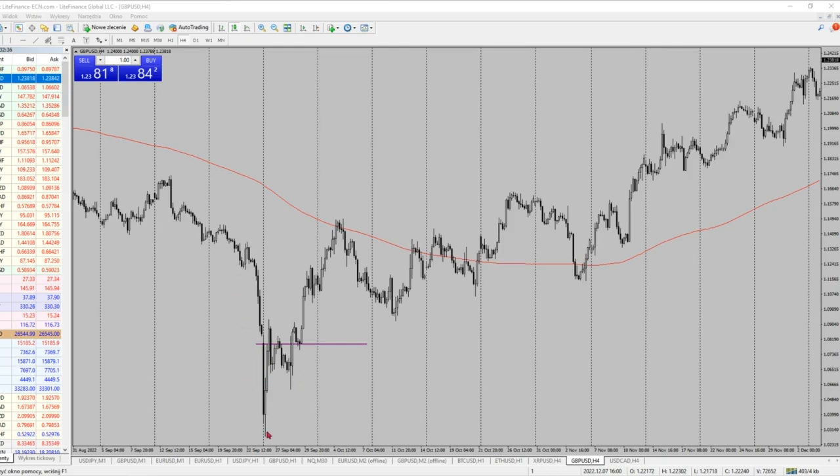But because that happened after a big move to the downside, we are looking, as I mentioned, for certain price action, and that happened here because we closed above the top of that breakdown candle.